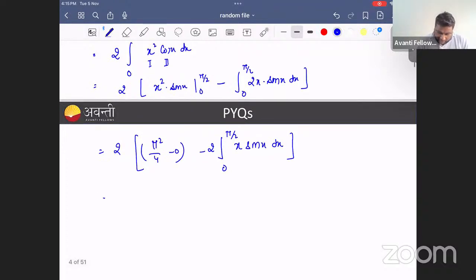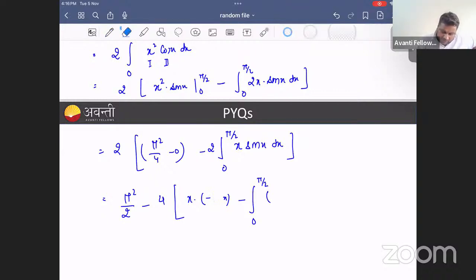Now it is pi square by 2 minus 4 times. Again use by parts. So first into integration of second, cos x integration is minus sin x. Tejasvi, are you getting? Minus integration, derivative of first, sorry, sin x integration is minus cos x. Derivative of first one is the integration of second dx, correct?